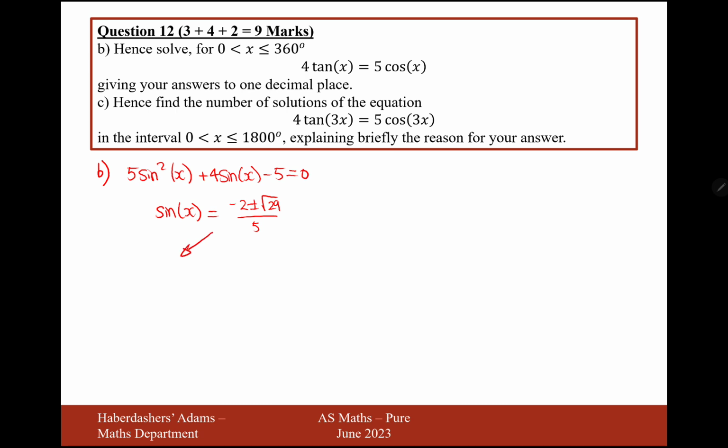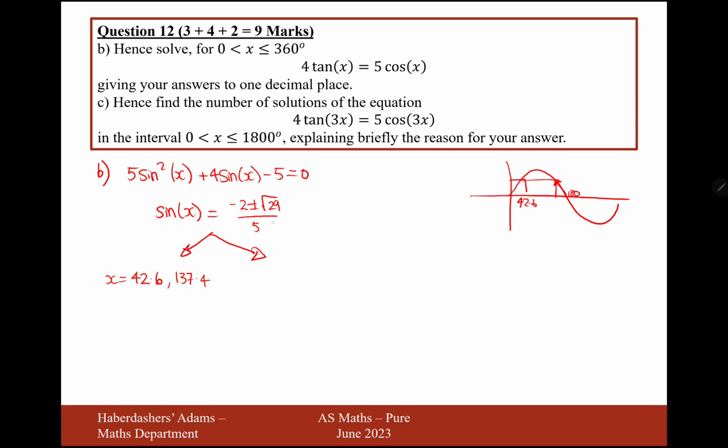So now we're going to get 2 sets of answers. When we use the positive value of that, we're going to get x equals 42.6 to 1 decimal place. And then for the sine graph, if that's 42.6 and this point here is 180, we need to do 180 minus that original answer to get us to our second solution of 137.4.